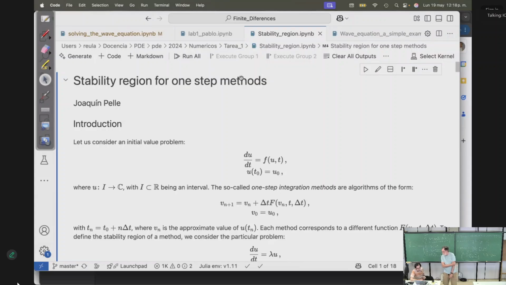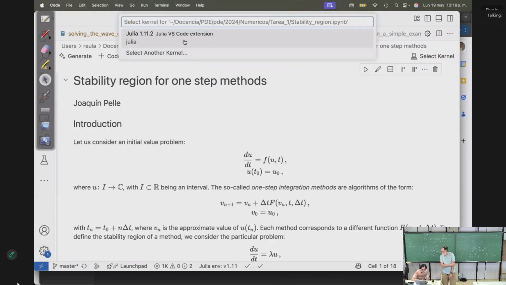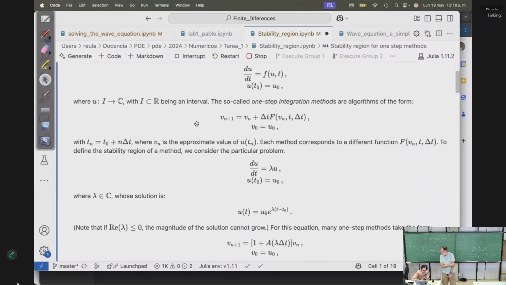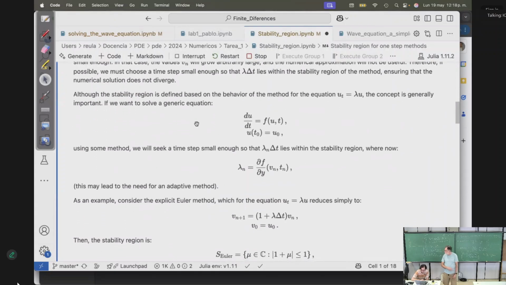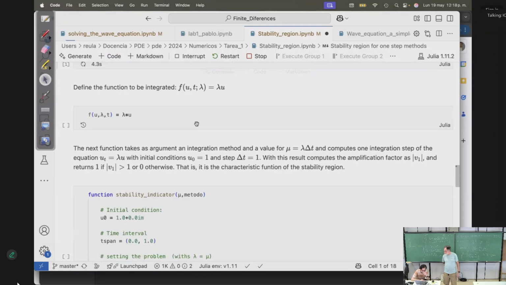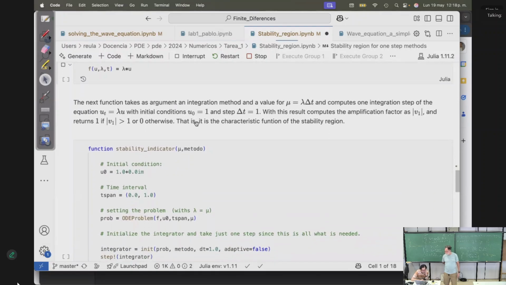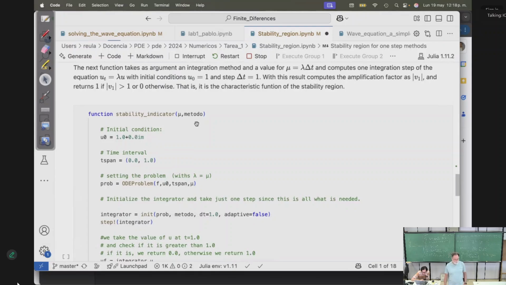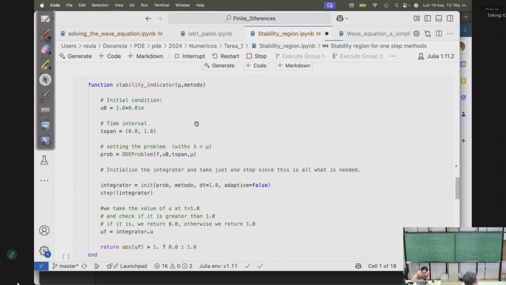Let me try to revisit this notebook, what it does, but it actually tries to plot the instability region.